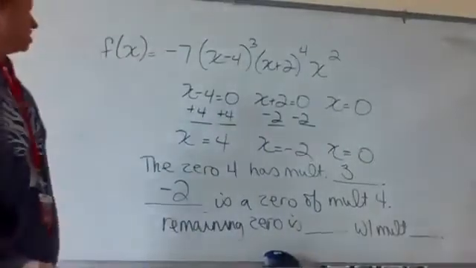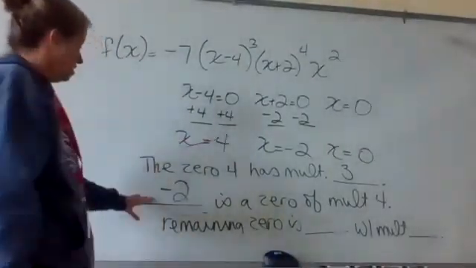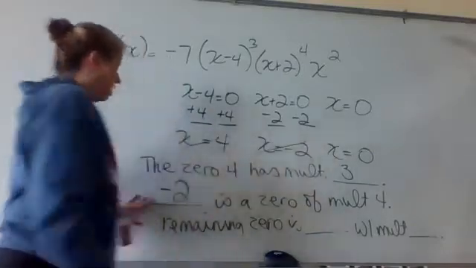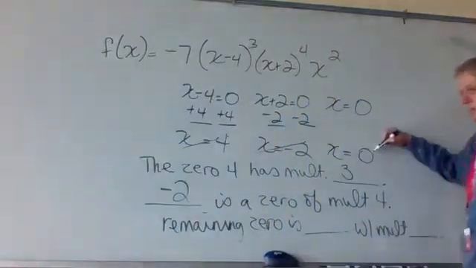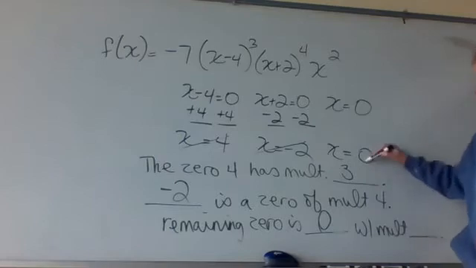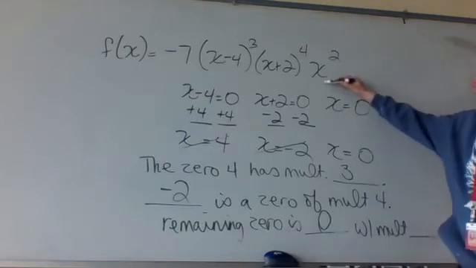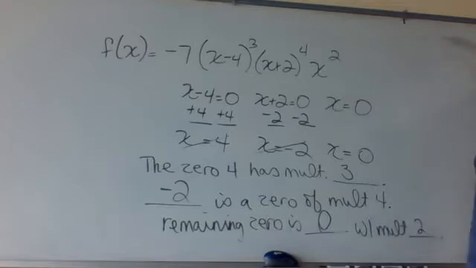So let's see, which ones have I already done? The 0, 4, so I've already done this one. -2, so I've already done that one. So the remaining 0 is this one. So the remaining 0 is 0. And when I come back up here, what was its multiplicity? 2.